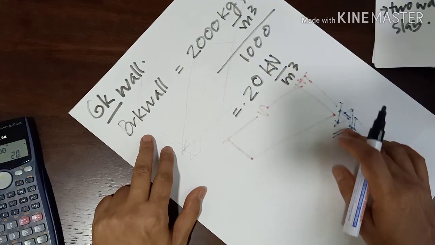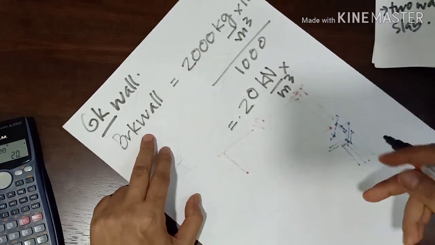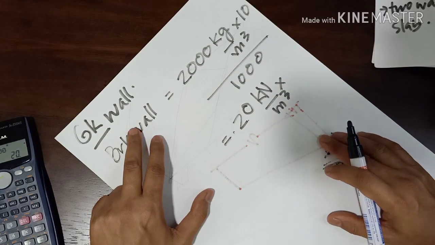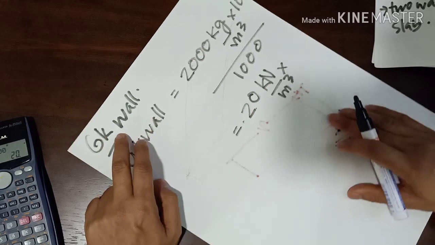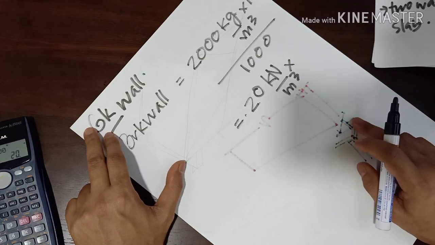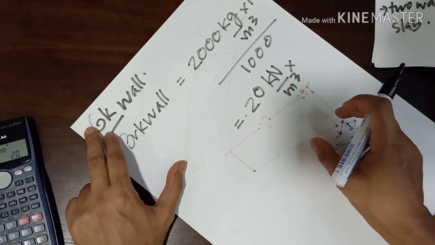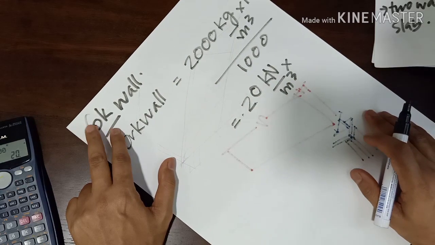We have to clear the meter cube, so we multiply with the volume of the wall, where the volume is the length of the wall times the height of the wall multiplied with the thickness of the wall.